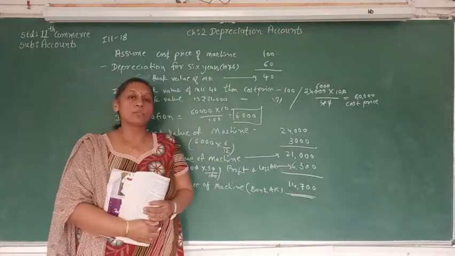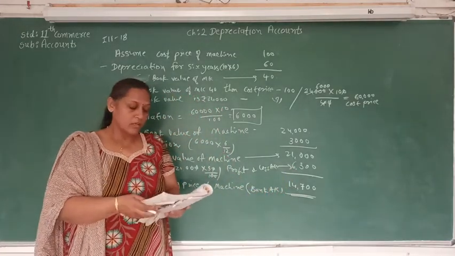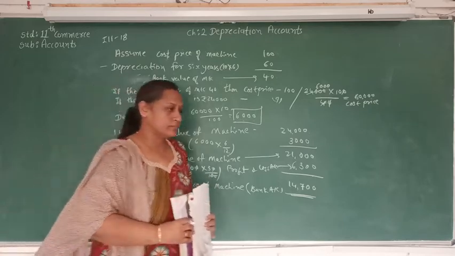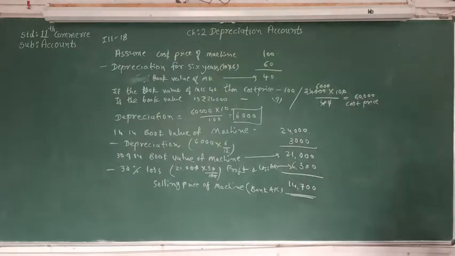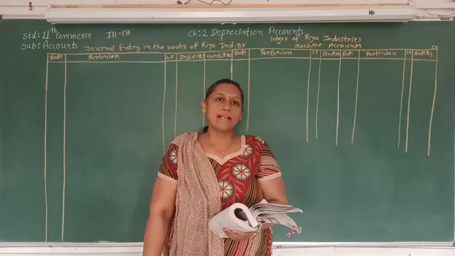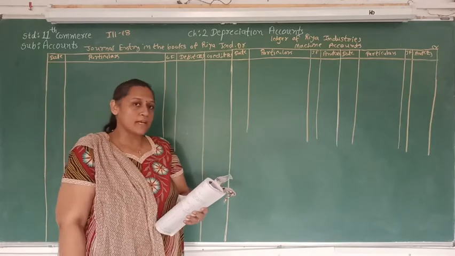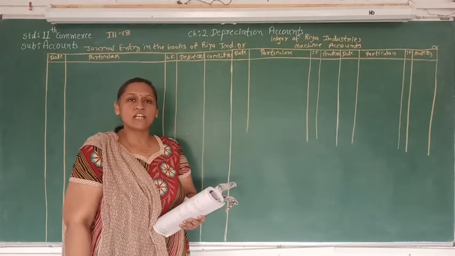So students, you may note down this. Then we are going to prepare the journal entry as well as the machine account. Let's prepare the journal entry. Here, the first journal entry that we are going to pass will be for the depreciation charge on the machine.